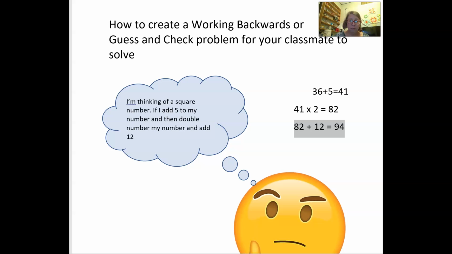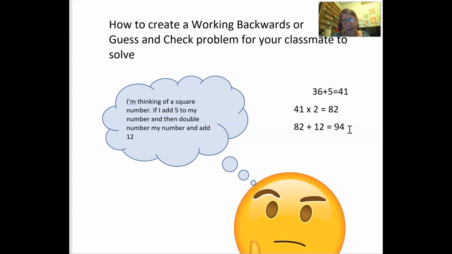There I've got my 94. And then I'm going to do a couple more things to it. After I've figured out the couple more things, like cut in half, triple, divide by 7. Is 94 divisible by 7?